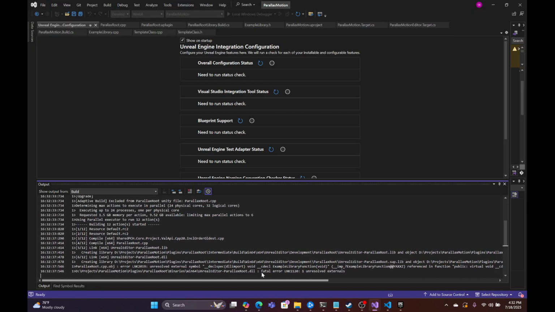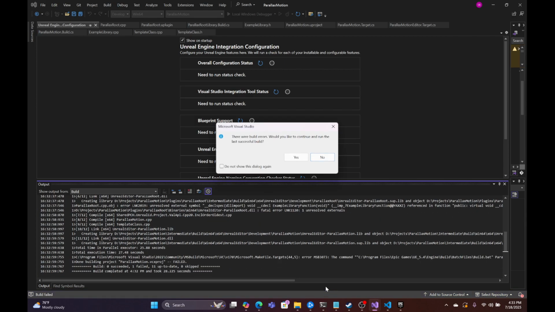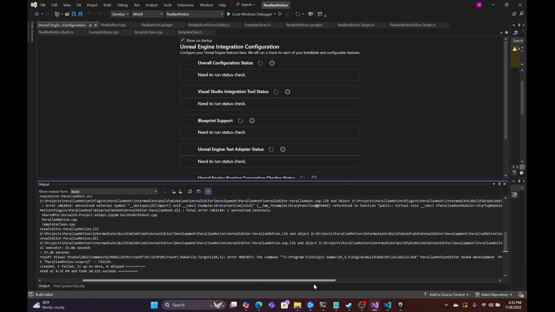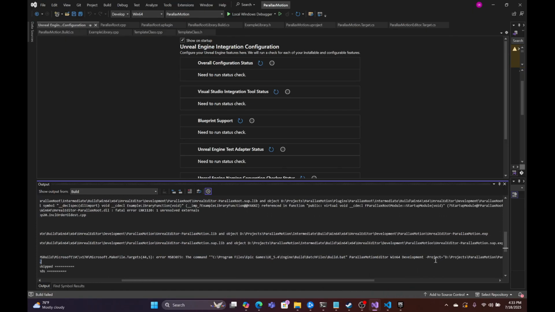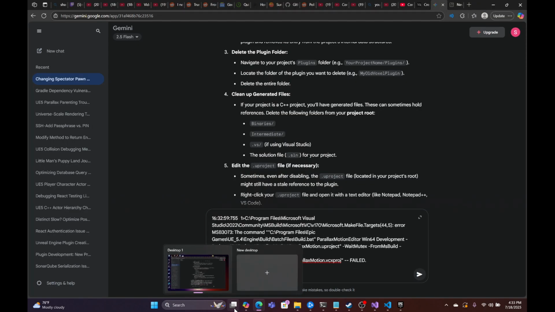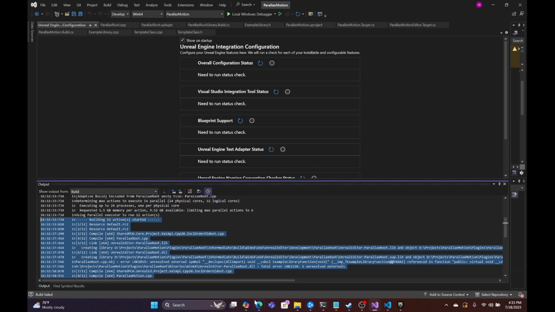Link, parallax root, creating library, one unresolved external. Alright, so rather than me reading through this, I'm going to jam it into Coworker and see what they have to say about it.